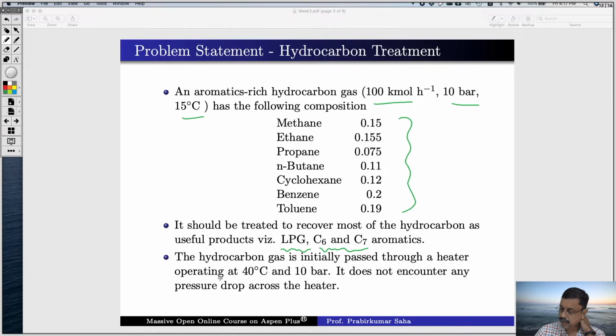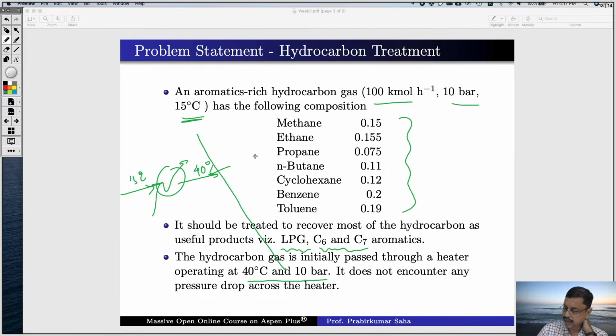So this hydrocarbon gas is initially passed through a heater operating at 40 degrees centigrade and 10 bar. Now you see, heater is needed to increase the temperature from 15 to 40 degrees centigrade. So if we have a heater, we will have the gas entering here at 15 degrees centigrade, and it is expected to come out at 40 degrees centigrade because the heater temperature is 40 degrees centigrade.